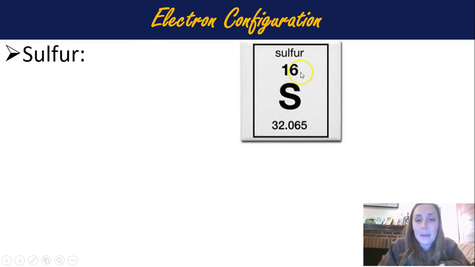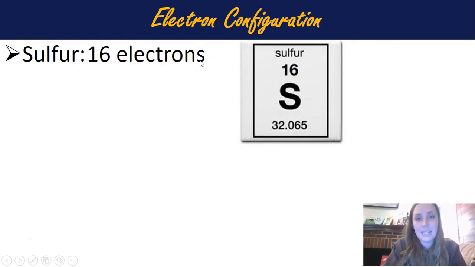The atomic number here, that's your counting numbers, and it's the order the periodic table goes in. Sulfur is atomic number 16, which means it has 16 protons. In a neutral atom, and for the first few lessons in this chapter we're only going to talk about the electron configuration of neutral atoms, the number of protons and electrons have to be equal. So if there's 16 protons, there has to be 16 electrons.